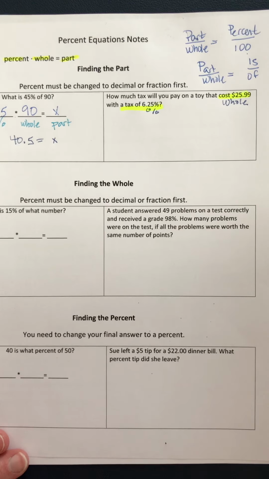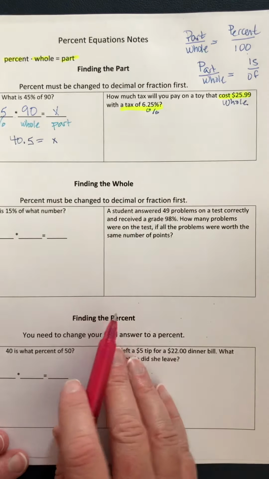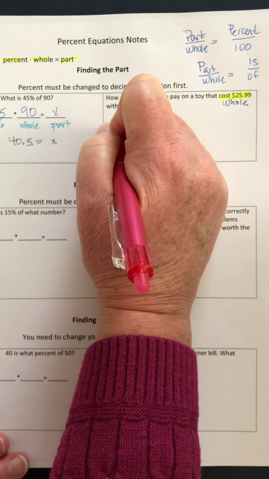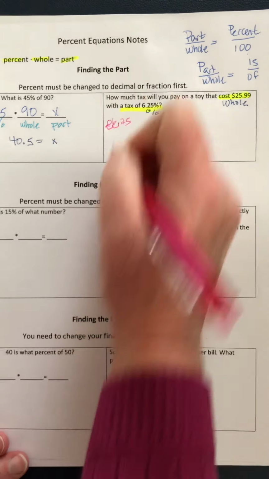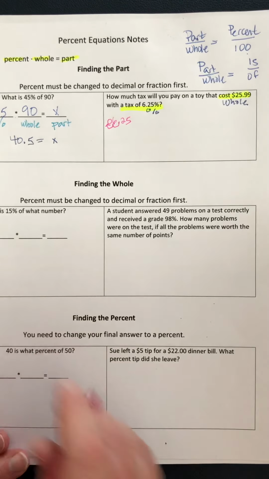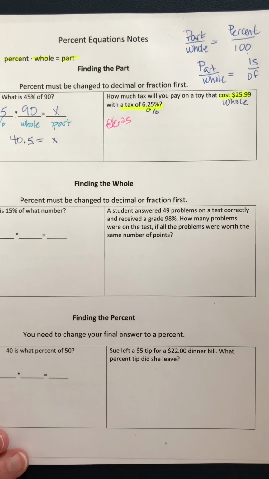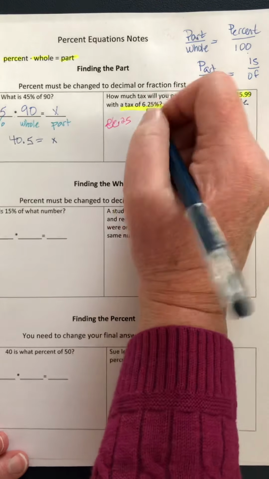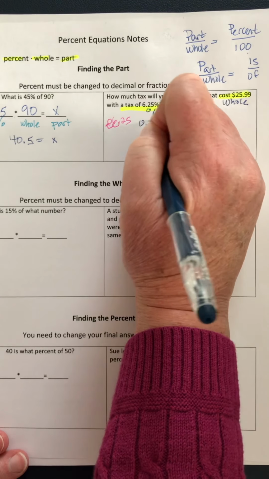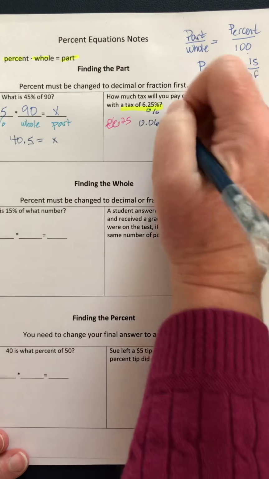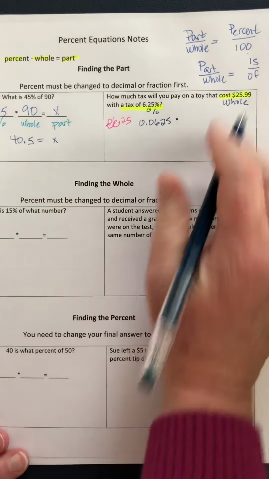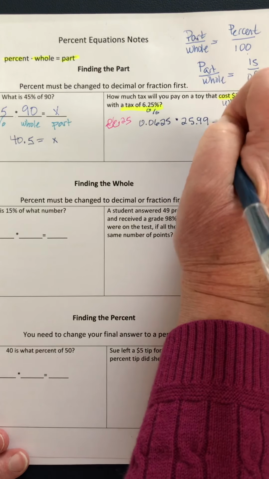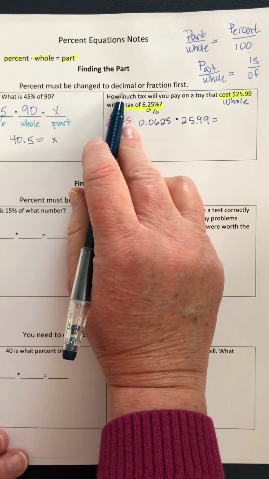So I know I have to change that percent into a decimal. So if I have my 6.25, swoop right twice, put in my 0. Now I'm going to write my percent is 0.0625 times my whole, which is $25.99, equals my part, which is what I'm looking for.